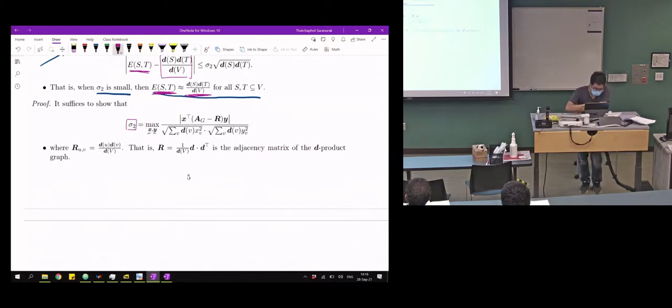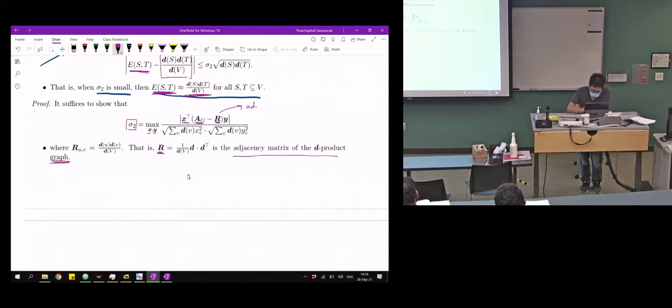It's the maximum over all vectors x and y of x times the adjacency matrix minus R, where R is the adjacency matrix of the D product graph.